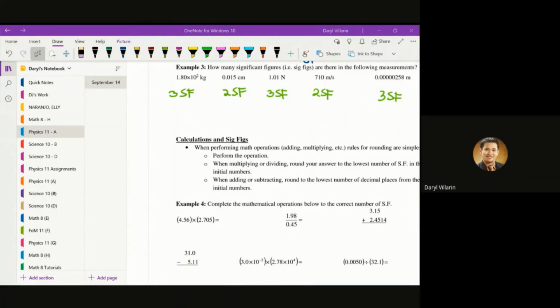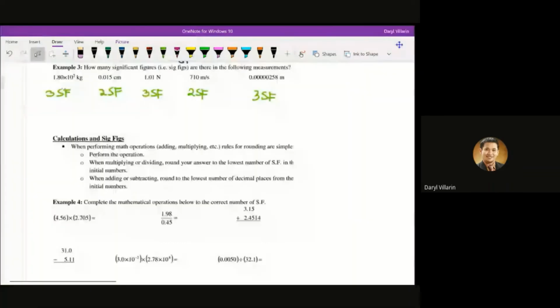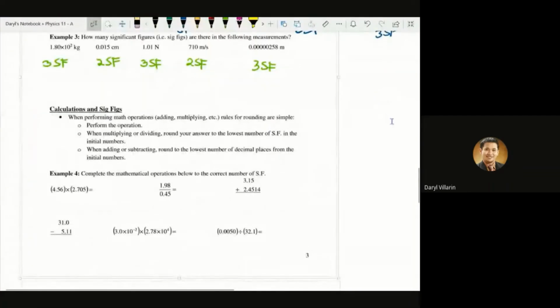If there are none, we can proceed. There are certain rules to follow when we add, subtract, multiply, or divide significant figures. As much as possible, try to follow these rules, because moving forward, if you're taking Physics 12, and most likely your teacher is Mr. Su, I think he applies these rules.